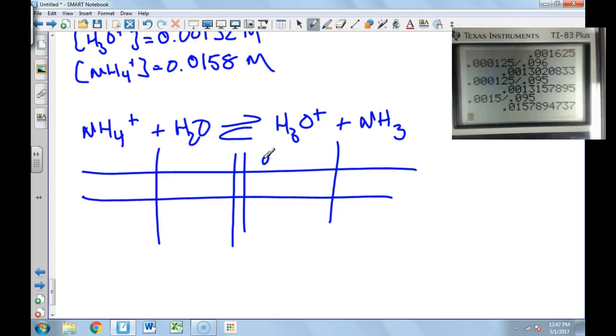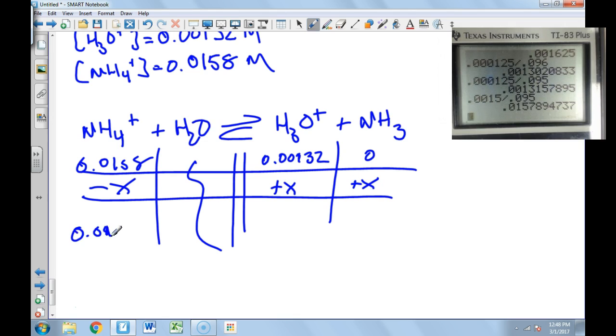This is going to be 0.00132. This is 0. This doesn't matter. This is 0.0158. So this is minus X, plus X, plus X. This is 0.0158 minus X. This is 0.00132 plus X. This is X.